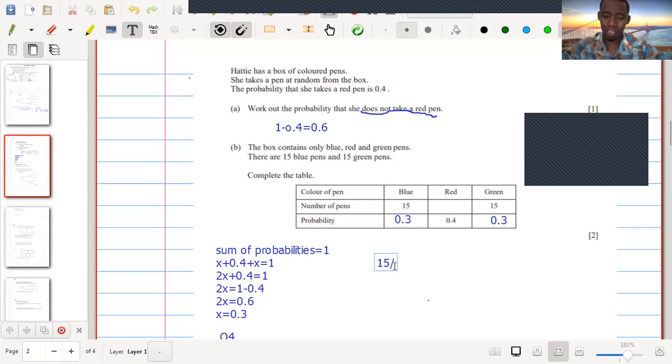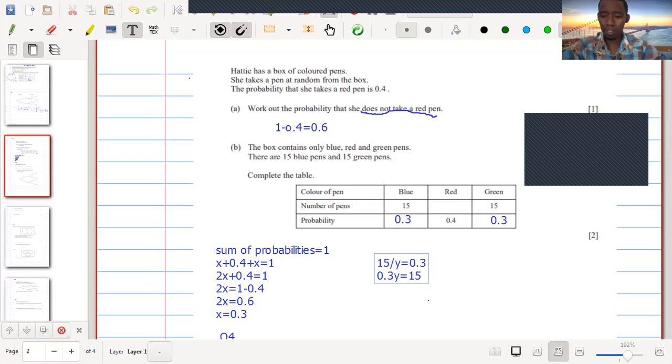This total I don't know. Let me call it Y, for example. This Y stands for the total number of blue, number of red, number of green, equal to 0.3 in this case. Then I may find this value by multiplying. I'll get 0.3y is equal to 15.